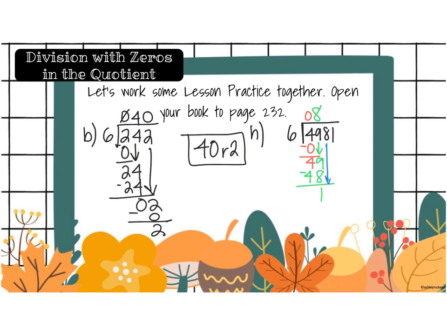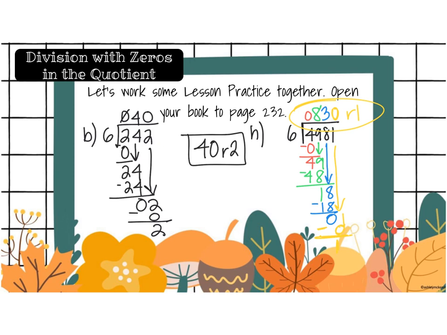Bring down the next digit. 6 goes into 18 3 times. 6 times 3 is 18. I have 0. When I subtract, I bring down. 6 goes into 1 0 times. Some of you left that part out at first. 6 times 0 is 0. I have 1 left over, so it's 830 remainder 1.